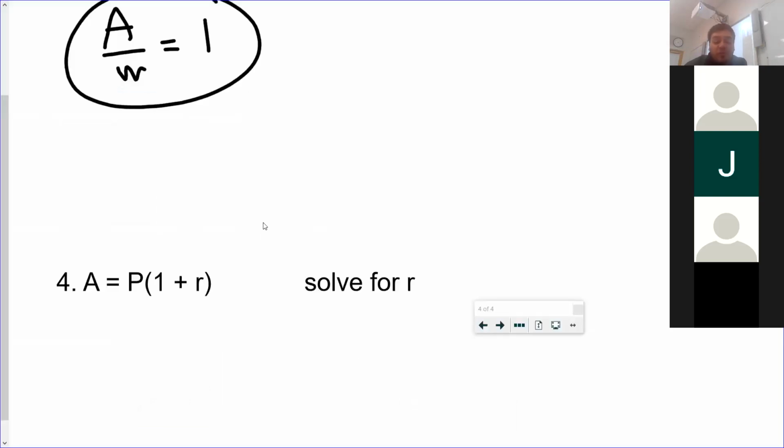Instead of taking the time to distribute P, because they're not real numbers, here P, if P was a real number, I would say distributing is a better idea.